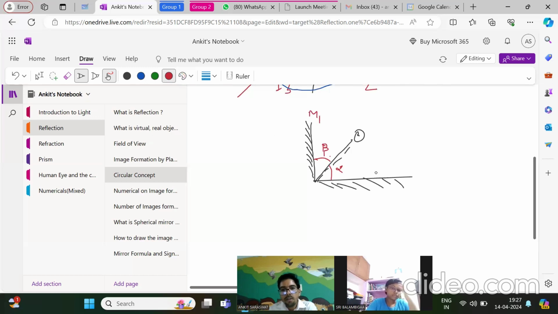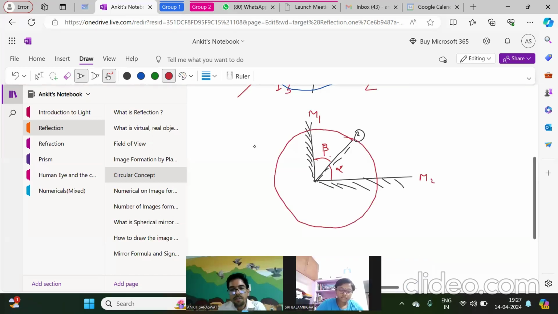This is mirror 1, mirror 2. With respect to mirror 1, this object is beta degree clockwise, then the image I1 will be here, beta degree in this direction.